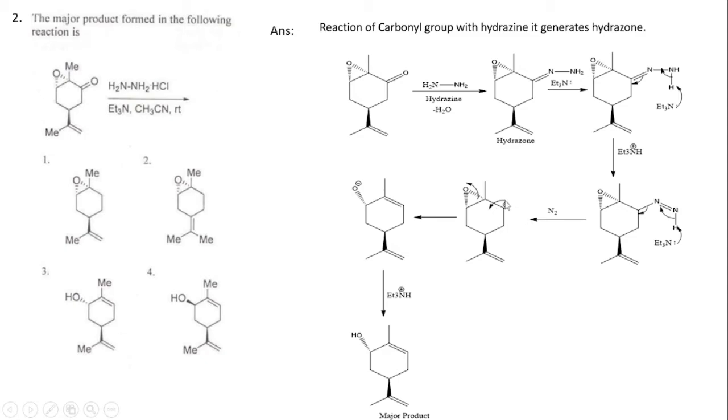This negative charge is conjugated and comes here, and this bond will cleave, and due to this, the alkoxide ion and the alkene are formed. Since in the system there is protonated triethylamine, this alkoxide will be protonated to form this alcohol.